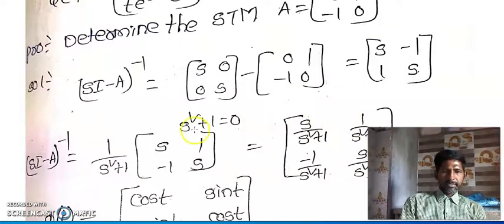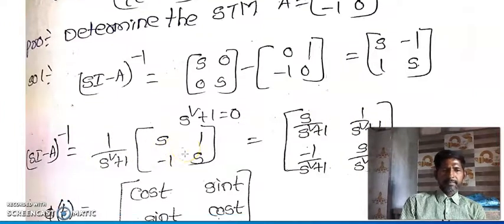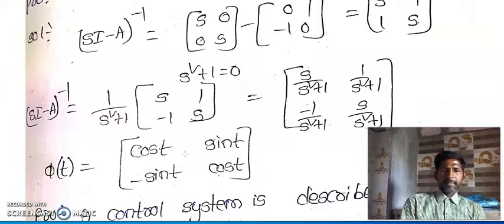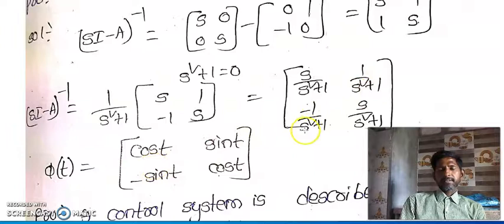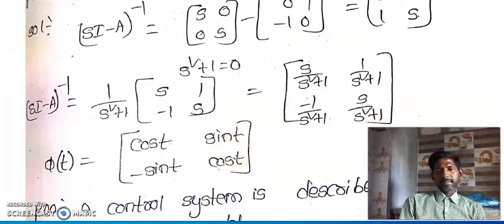If you find the whole inverse, you get this. This can be rewritten: S divided by S square plus 1 is cos t, 1 divided by S square plus 1 is sin t, and minus 1 divided by S square plus 1 is minus sin t. S divided by S square plus 1 is cos t.